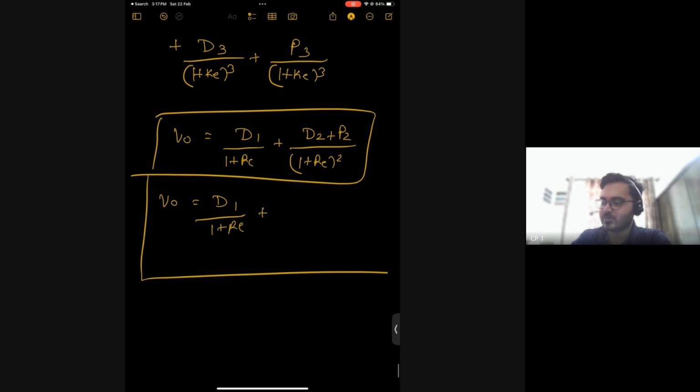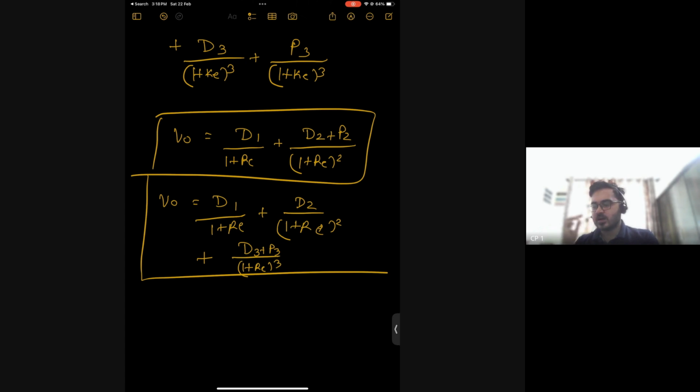The only thing that changes is it will become D1 by 1 plus RE, D2 by 1 plus RE whole square for 2-year. And if it is a 3-year period, it will become D3 plus P3 by 1 plus RE whole cube. So that's how your multi-year dividend discount model is basically going to work.